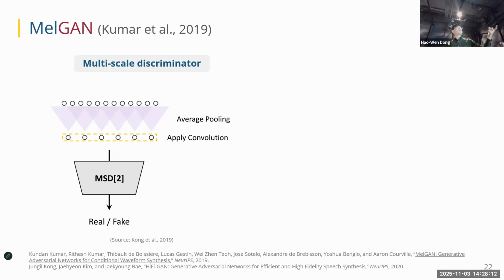But this multi-scale discriminator is just trying to see, can we downsample the output waveform, but still try to do discriminator on different scale. Sometimes we work on a very fine grain sampling rate. Sometimes we work on a lower frequency sampling rate.